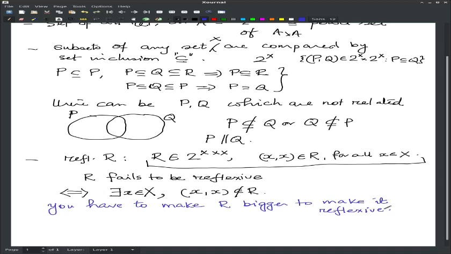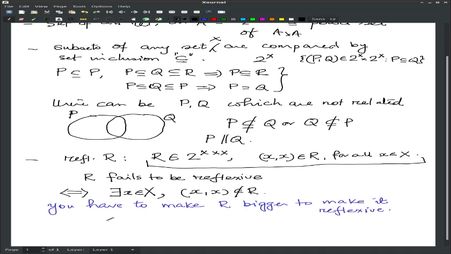So how do you do it? Well, you will obviously include all those x's for which (x, x) was not in R, and therefore you add all of them.